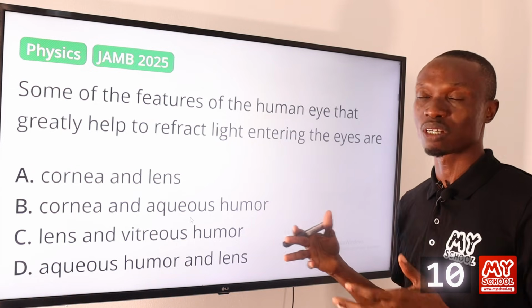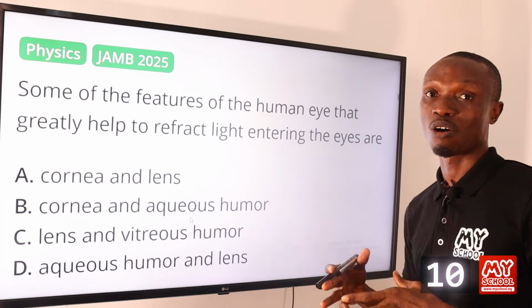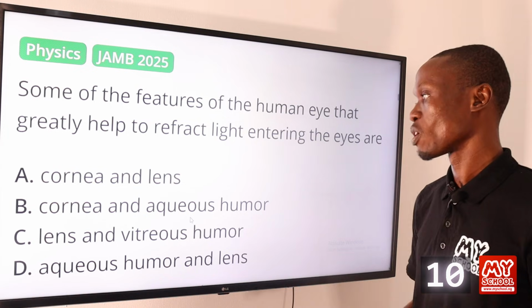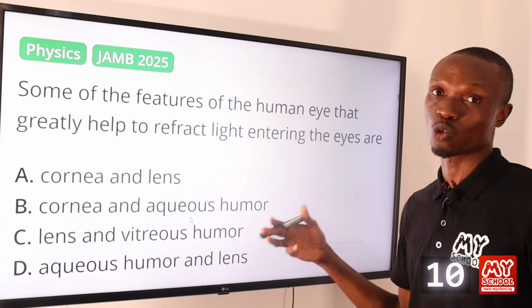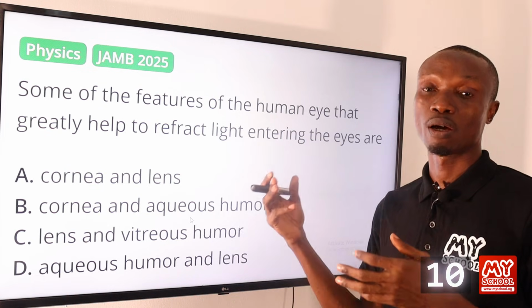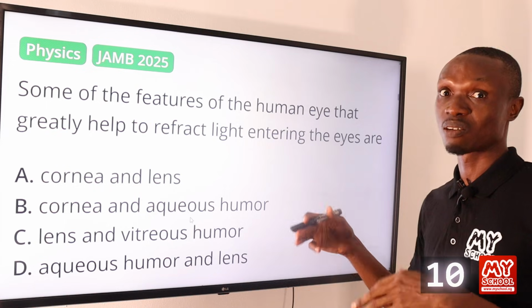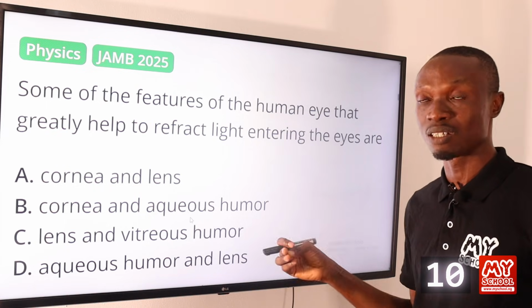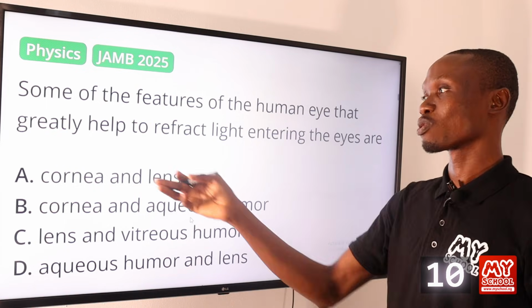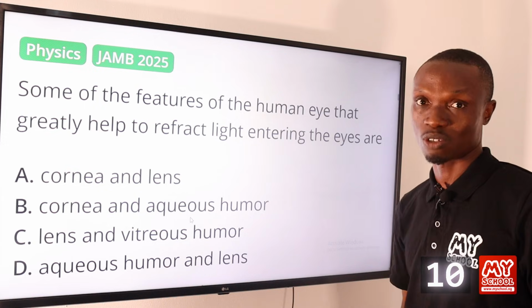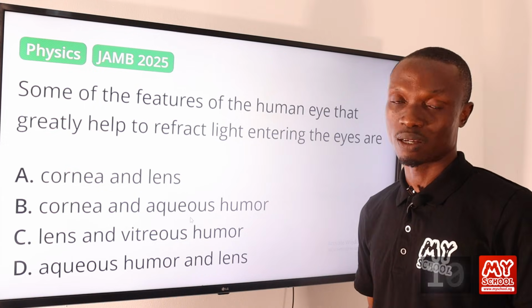While lenses basically fine-tune focus, while aqueous humor and vitreous humor just fill space and give shape to the eye. So basically, they are not significantly refracting surfaces, okay? So that makes option A the correct answer to this question, cornea and lens.